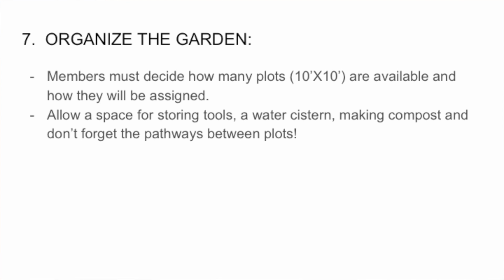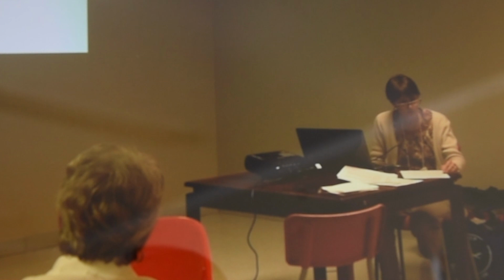The coordinator can set up a meeting, and then it'll be decided who gets a plot and where all the plots are going to be situated. Allow a space for storing tools, allow a space for your water cistern, a place for making compost, and again, don't forget the paths. Those are really important.